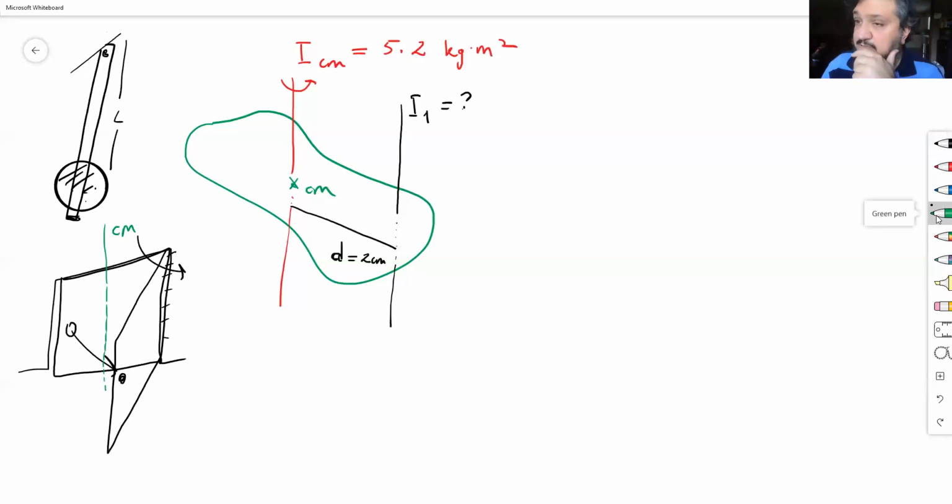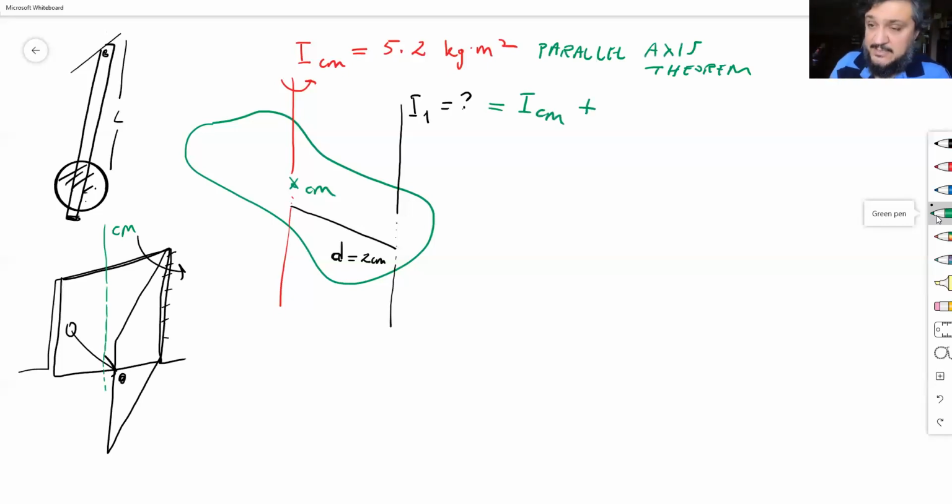You use what is called the parallel axis theorem. The proof is not difficult, but I'm going to write it without the proof here. You just write the center of mass moment of inertia and then add to it the mass of the object times d squared.